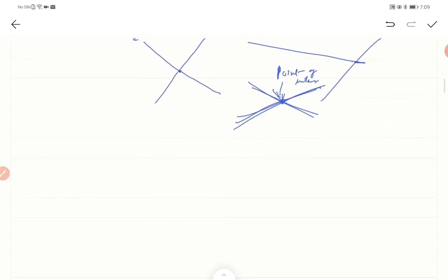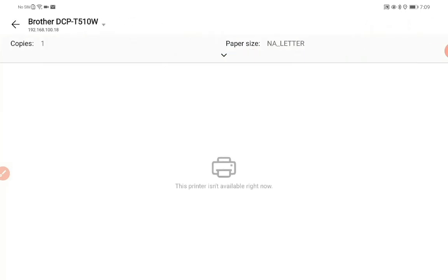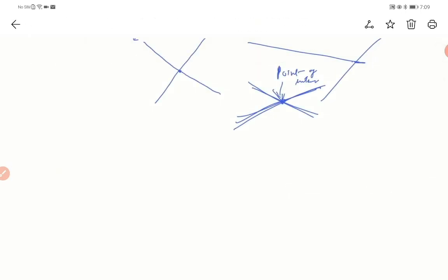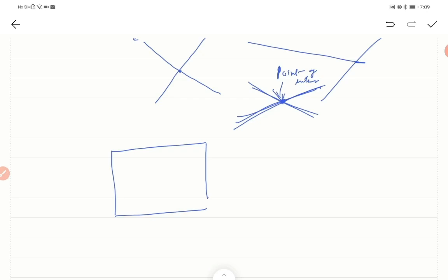Now already you have heard about what are parallel lines. I want to explain to you in depth about parallel lines. So now I have a square. Square is made up of how many lines? Four lines, right? I'll say four line segments.